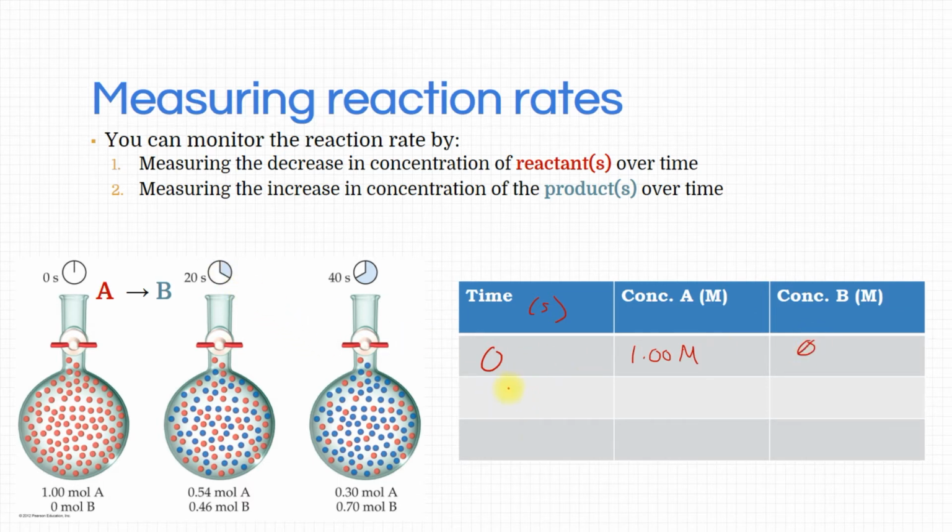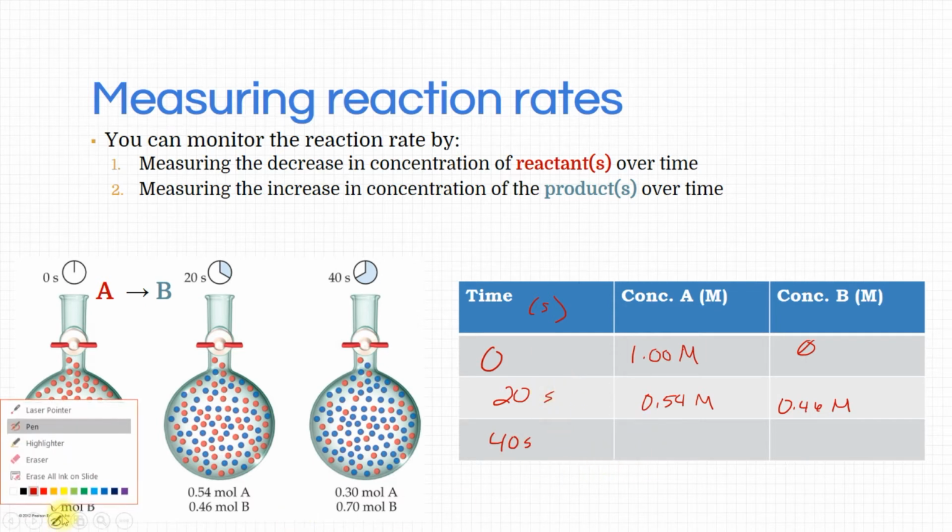After 20 seconds, our concentration has become a little less clean: 0.54 molar A and 0.46 molar B. So now we have a mixture. Still writing the M, I really don't need to do that. Doing extra work. And with the seconds too. What a mess.